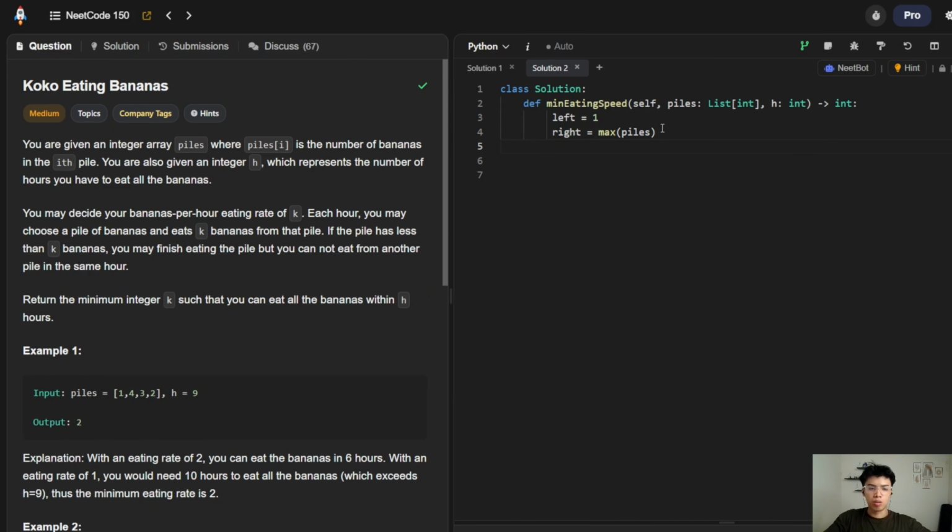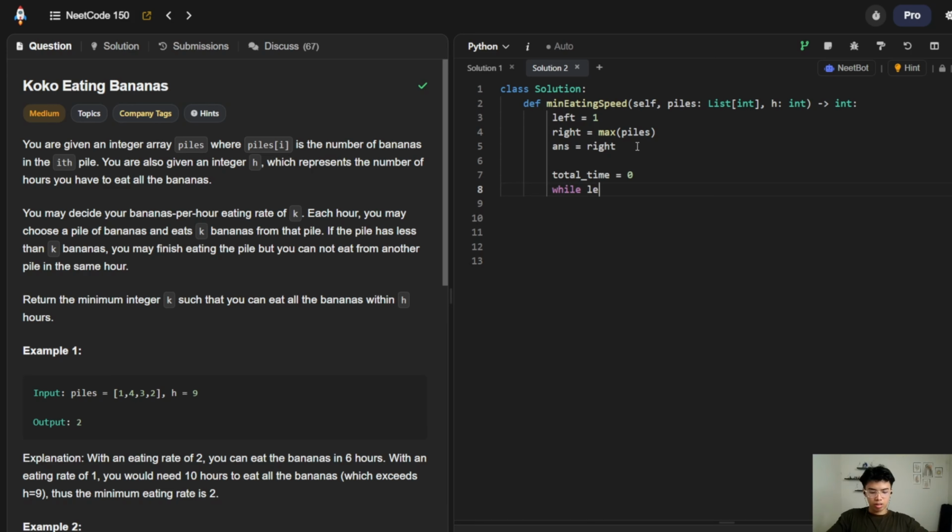But it is not the answer we want to find, because it is not the minimum rate. Now we initialize the total time below, and let's write the condition of the binary search algorithm.